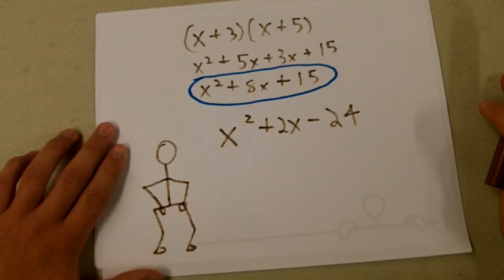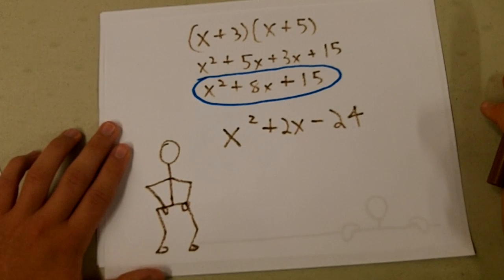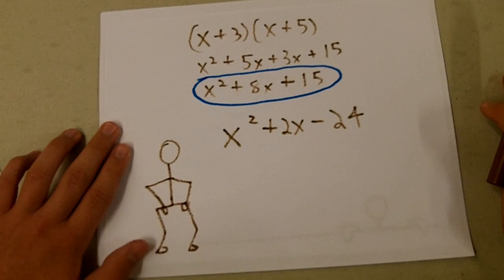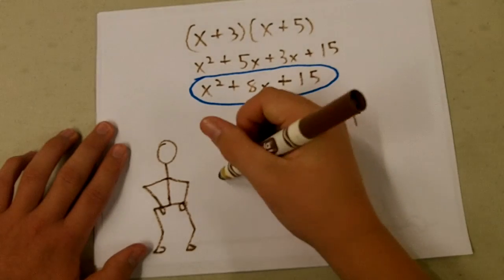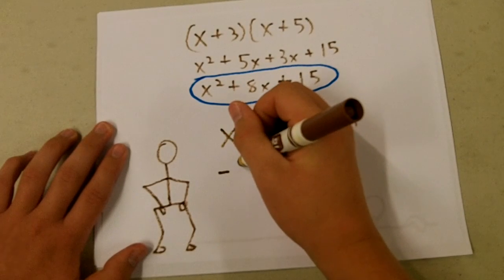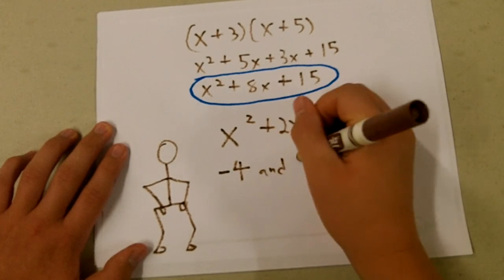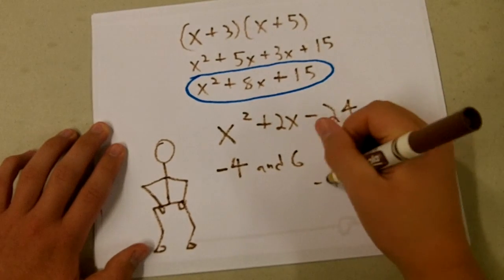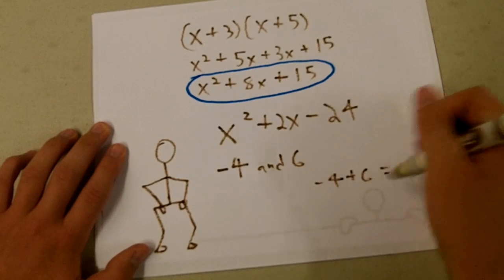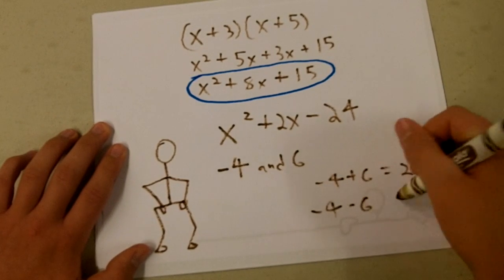And we know negatives in the times tables, and we can see that those two numbers are negative 4 and 6, because negative 4 plus 6 equals 2, negative 4 times 6 equals negative 24.